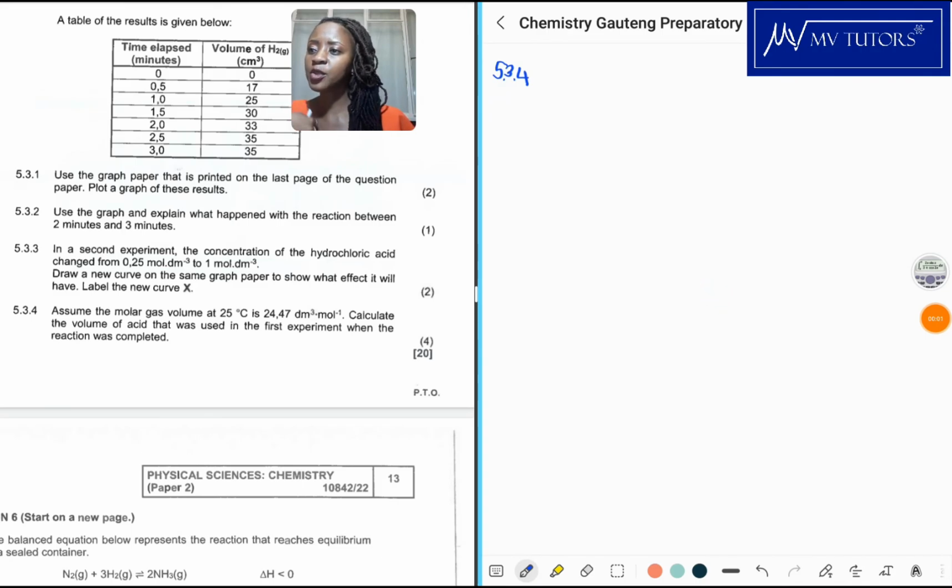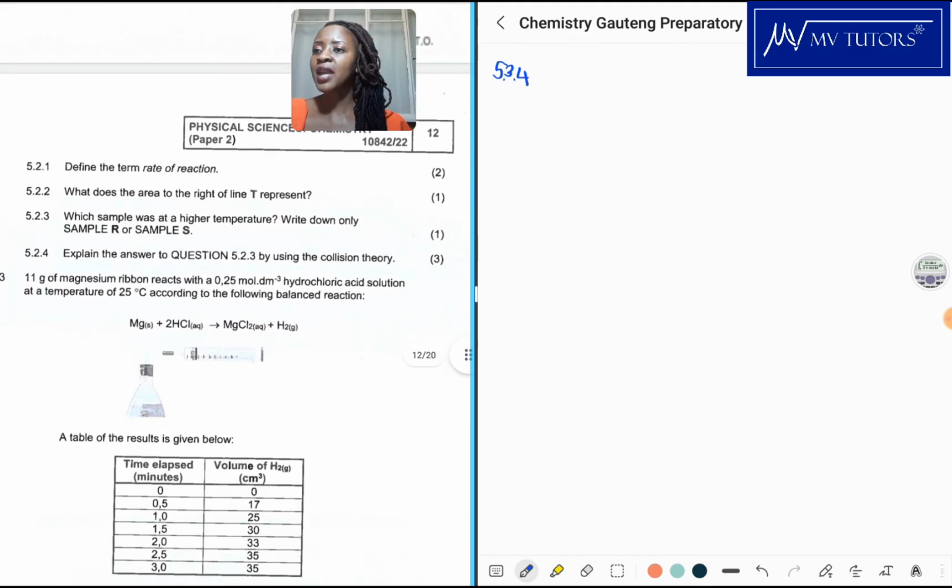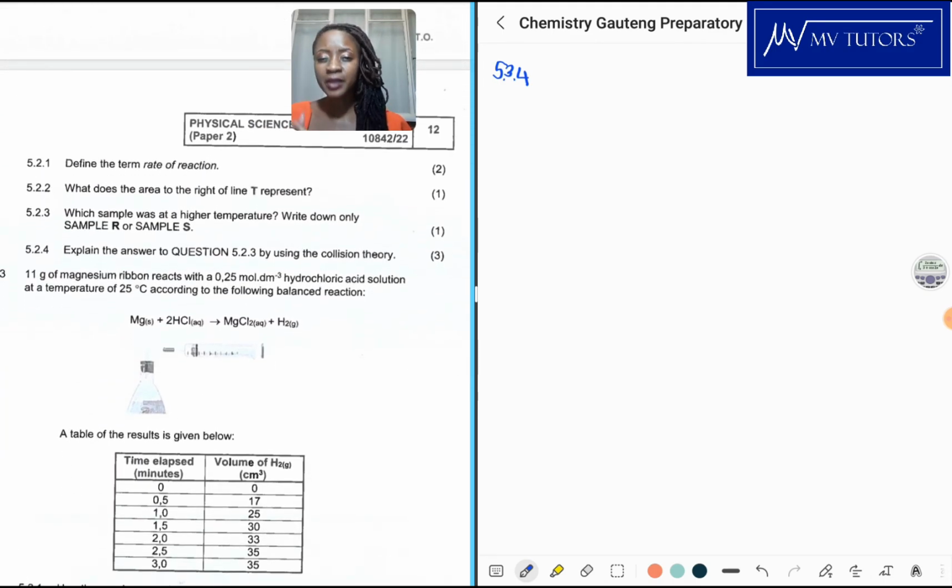All right, last question. Assume the molar gas volume at 25 degrees Celsius, which is your standard temperature, is 24.47 cubic decimeters per mole. Calculate the volume of acid that was used in the first experiment when the reaction was completed. So remember, in the first experiment, we had 11 grams of magnesium ribbon with 0.25 mole per cubic decimeters of hydrochloric acid solution.